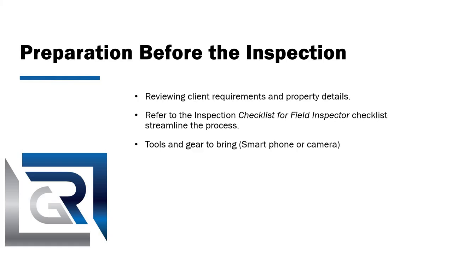Some inspections do not require you to make any coordination with the point of contact. Some inspections may be just a drive-by where you're documenting the property from the roadside. In another presentation, we'll get into how you can exactly do that. But you want to make sure you've got your requirements.